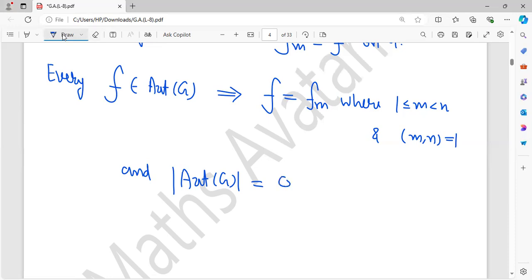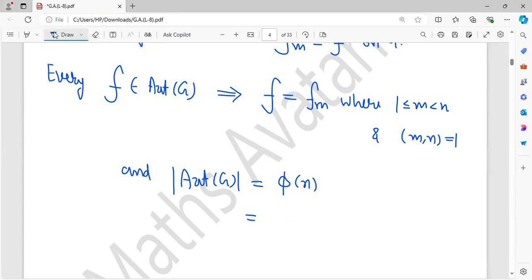What is the order of this group? Phi(n). It means the cardinality, the number of elements of the set.